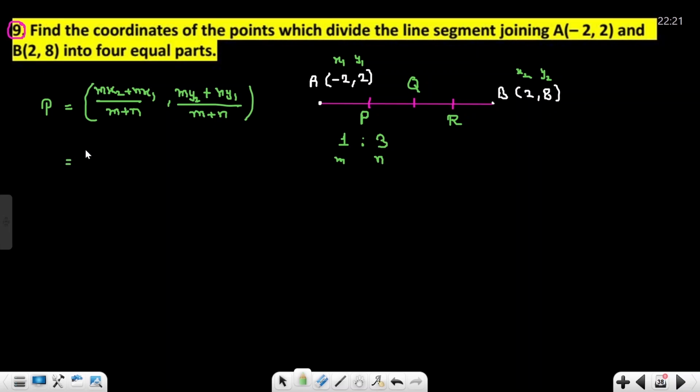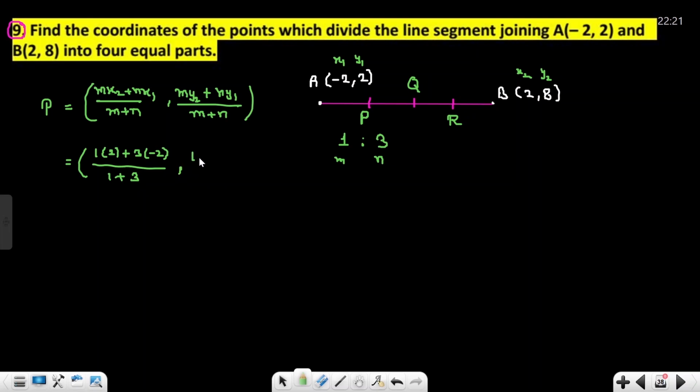We put the values in the formula. M is 1, x2 is 2, plus n value is 3 and x1 value is -2, divided by 1 plus 3.